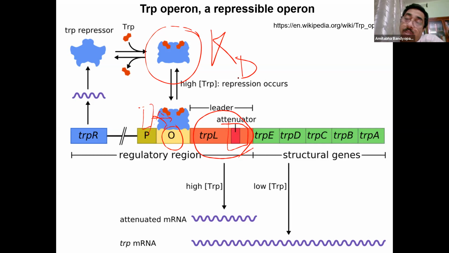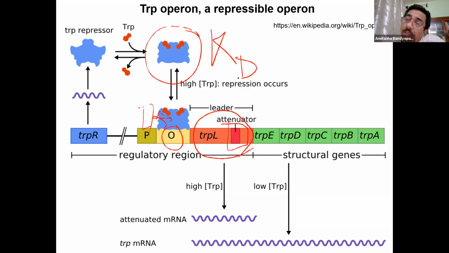If the dissociation constant is very, very high, then the dissociated state is the more favored state.